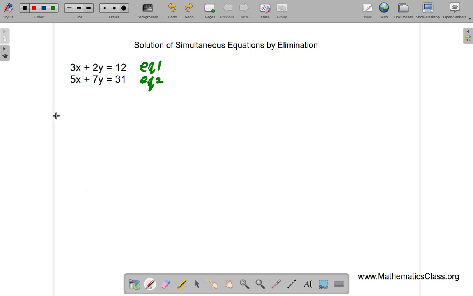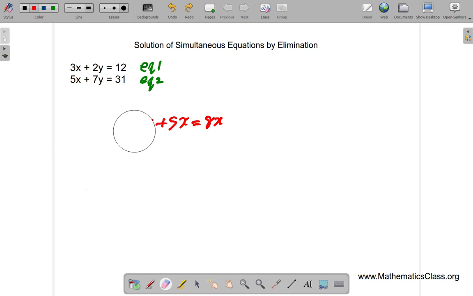X first, by adding equation 1 to equation 2. If we do that, we would have 3x plus 5x equals 8x. Doesn't work. We cannot eliminate x by adding these equations.